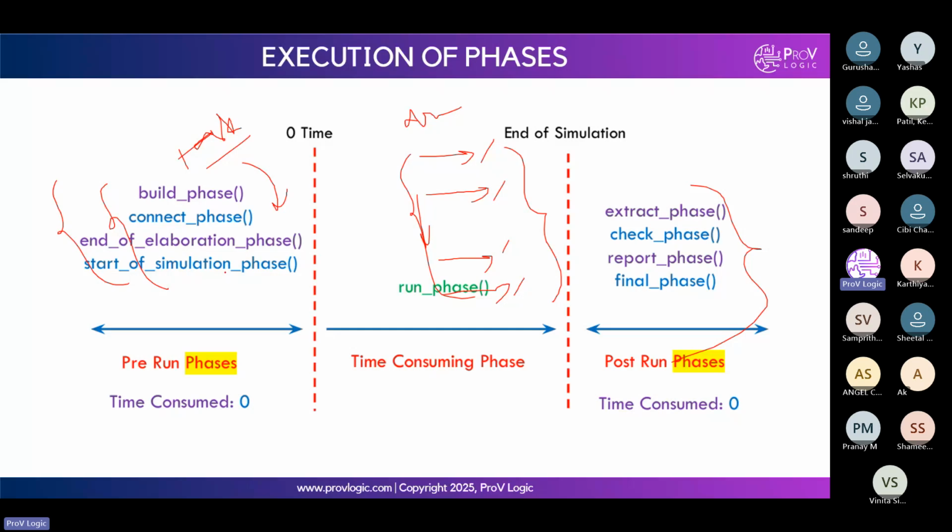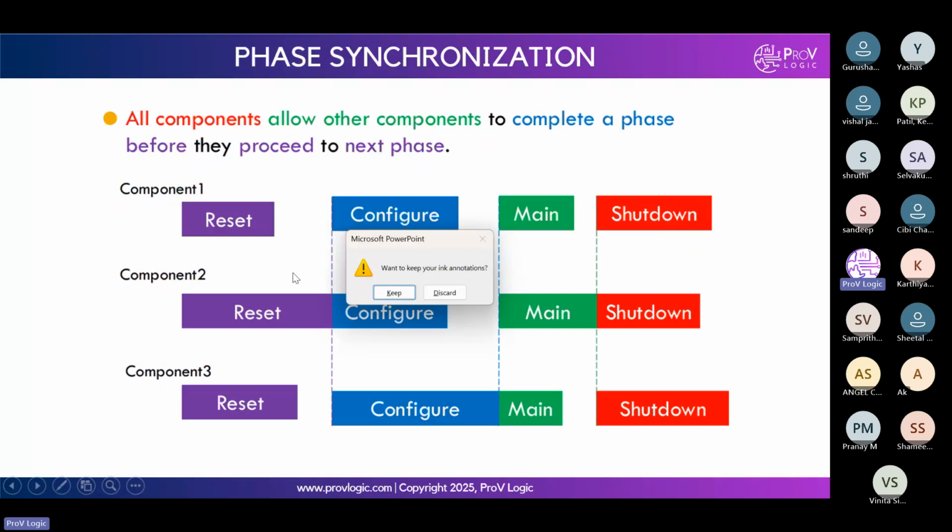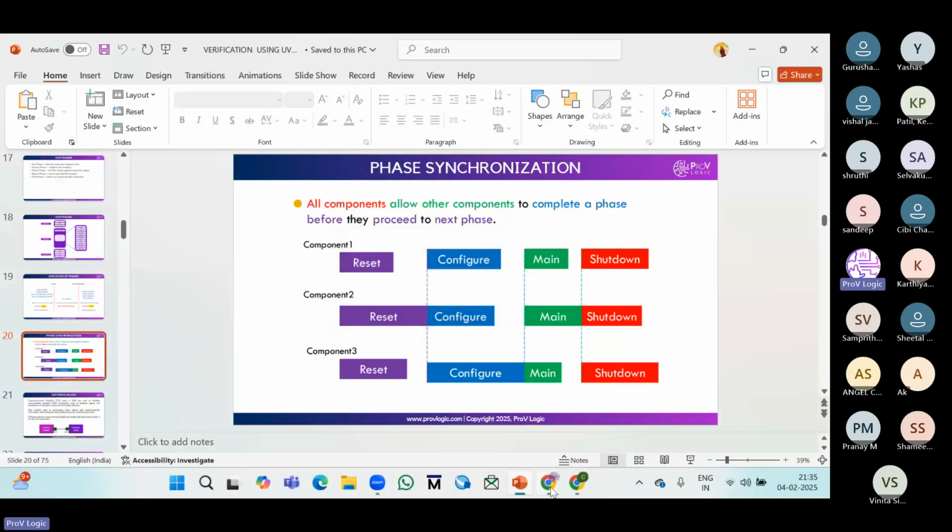It will break the scheduling mechanism. For that purpose we use functions, which means everything will start at zero simulation time. I never take delays. Did you get the clarity now? Yes, ma'am. Okay, so this is a major concept in UVM phases. I think everyone got clarity, but practice is important.